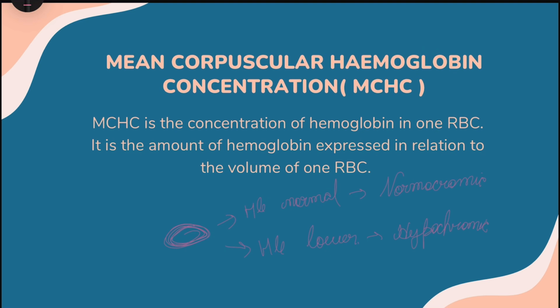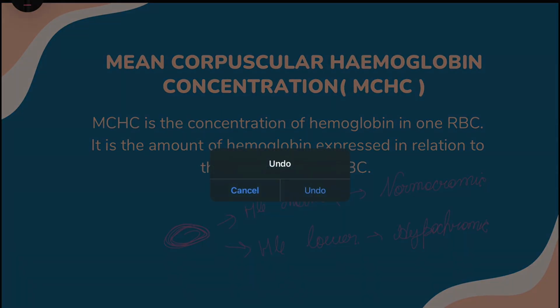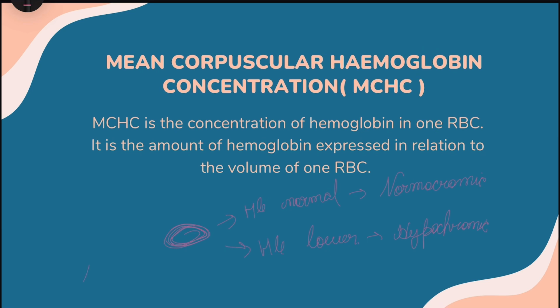Why so? Let's see, in certain conditions such as megaloblastic anemia and pernicious anemia, both of them are due to vitamin B12 deficiency, as a result of which there is a cytoplasmic defect and defective formation of the RBCs. In those conditions, the RBCs are normochromic in nature.